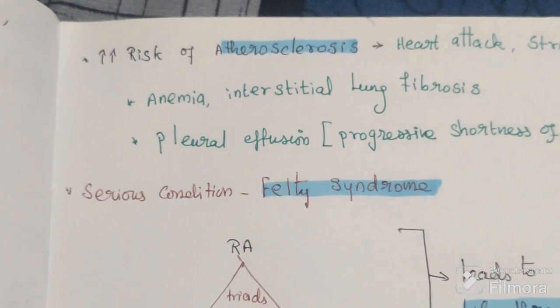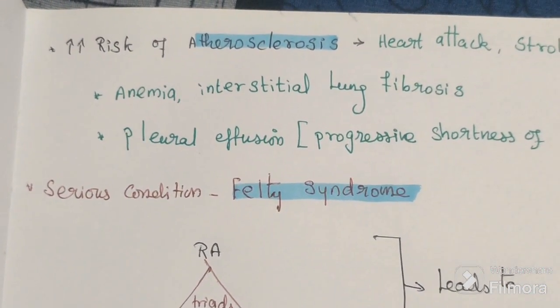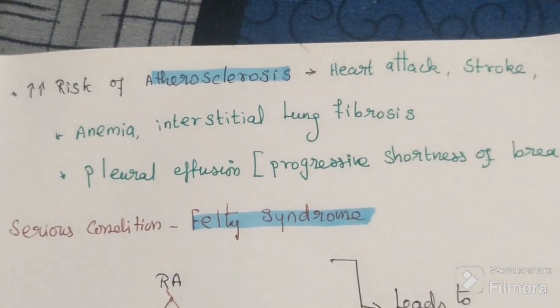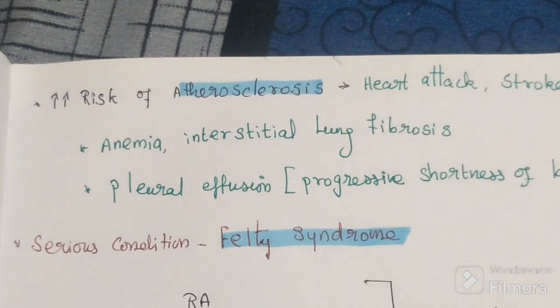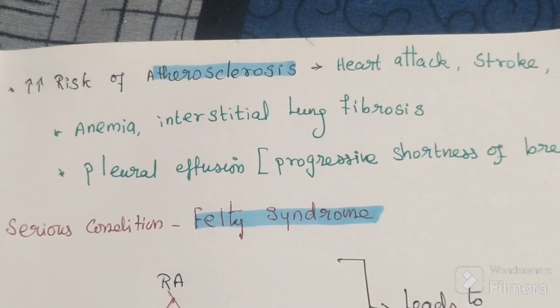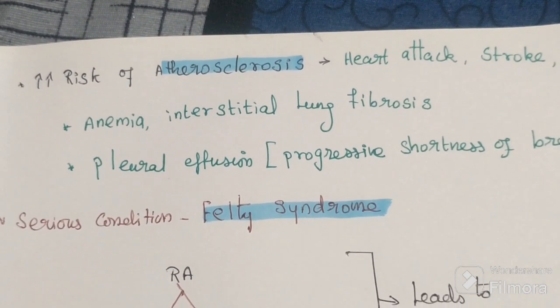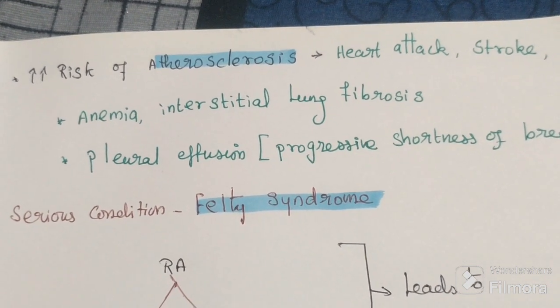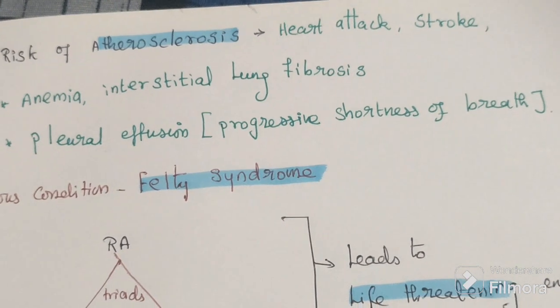There is also increased risk of atherosclerosis and therefore heart attack and stroke. There is also anemia, interstitial lung fibrosis, and pleural effusion, which can present as progressive shortness of breath.